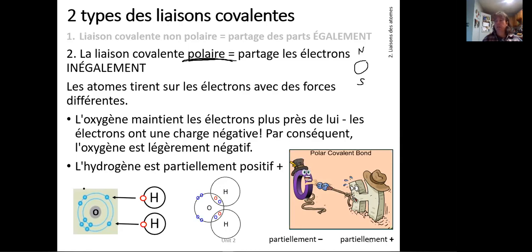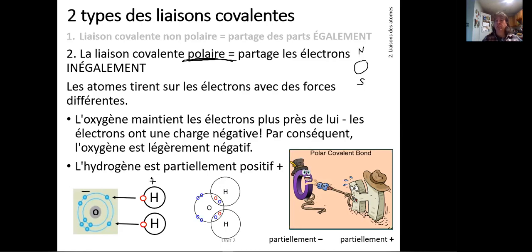Remember, electrons have a negative charge. But hydrogen is a partially positively charged atom. So opposites attract. A negative and a positive will attract.